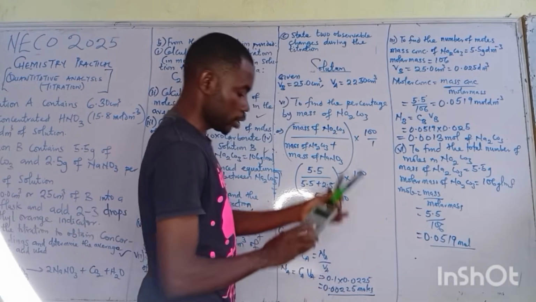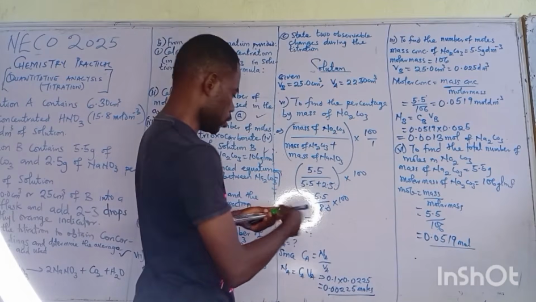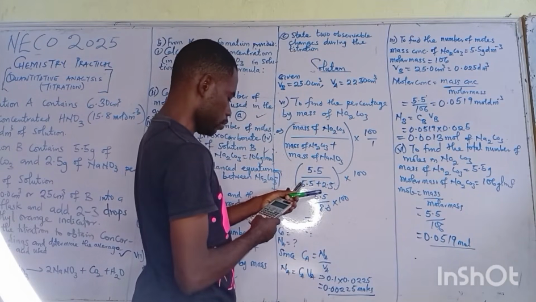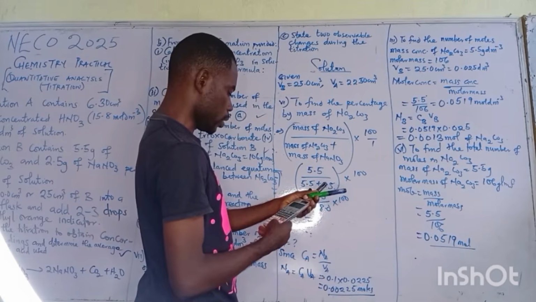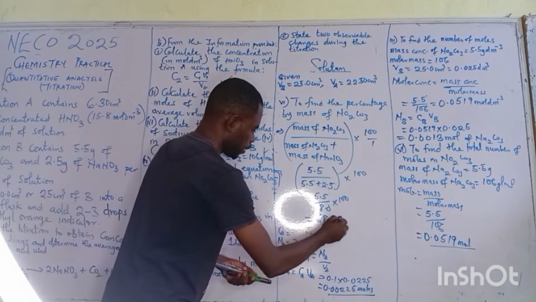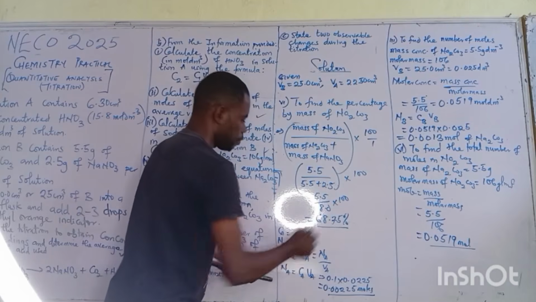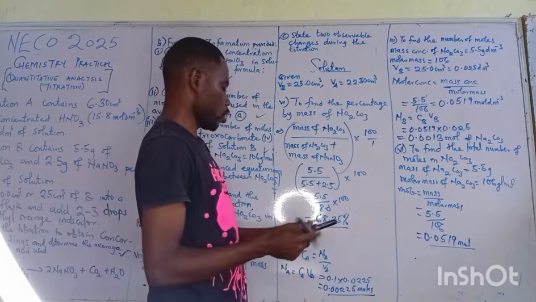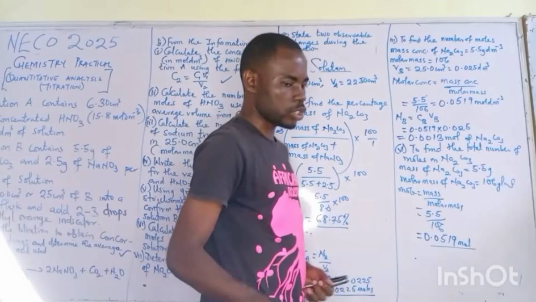Using my calculator, okay, let me just quickly jump a step to get the answer. So finally, I have 68.75%. That is the percentage by mass of sodium carbonate in this mixture.